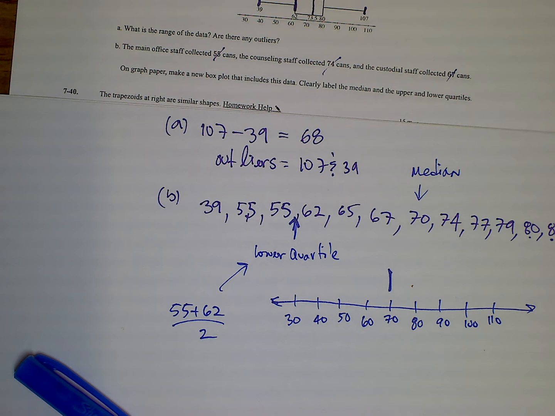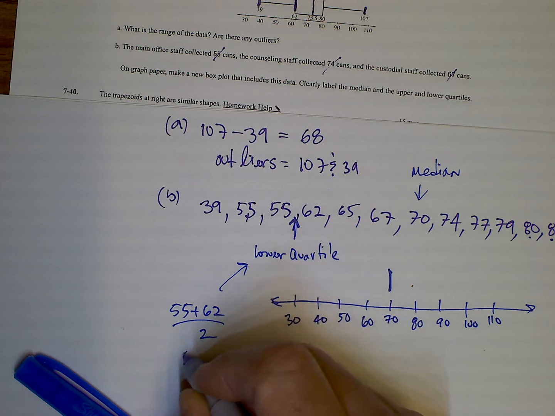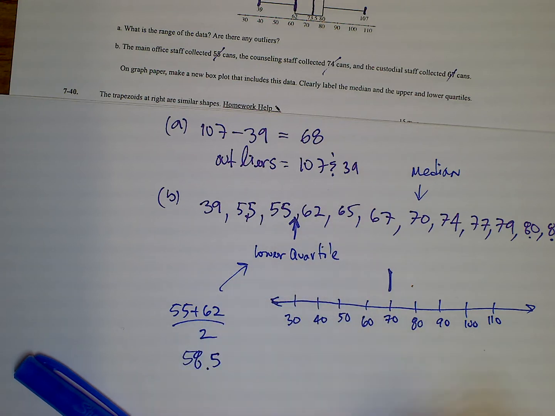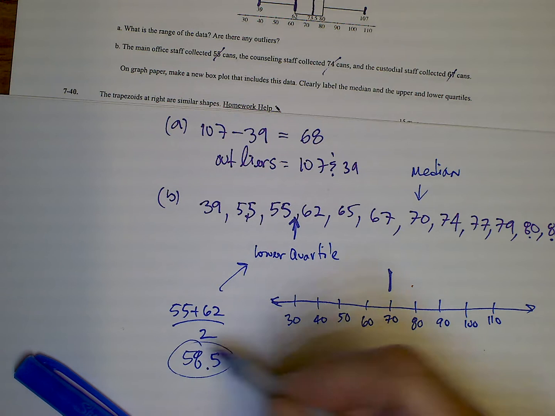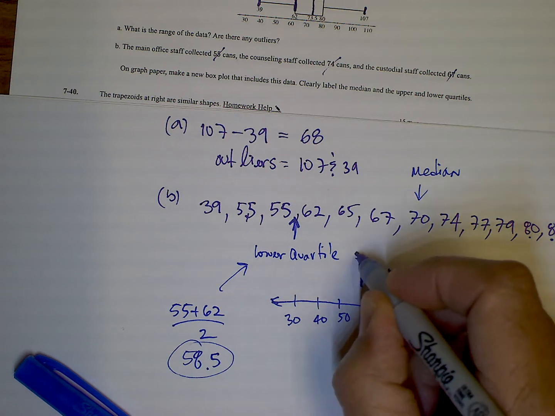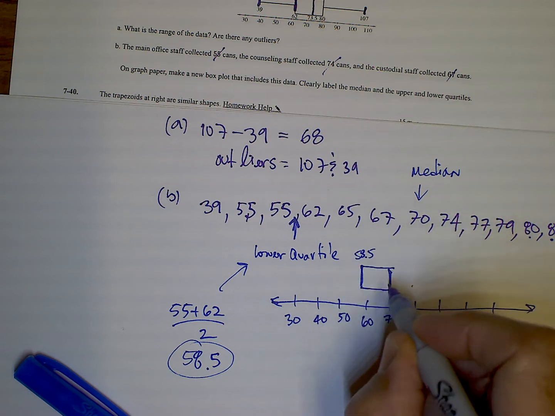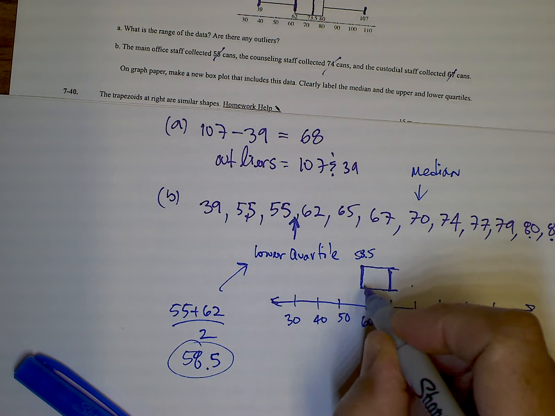Nope, wait, let me try that again. 55 plus 62 divided by 2 is 58.5. So that's my lower quartile. So I'm going to go 58.5, which looks like right about there. And I'll just write it out so I can list it. 58.5. That's going to be the bottom part of my box, my lower quartile.